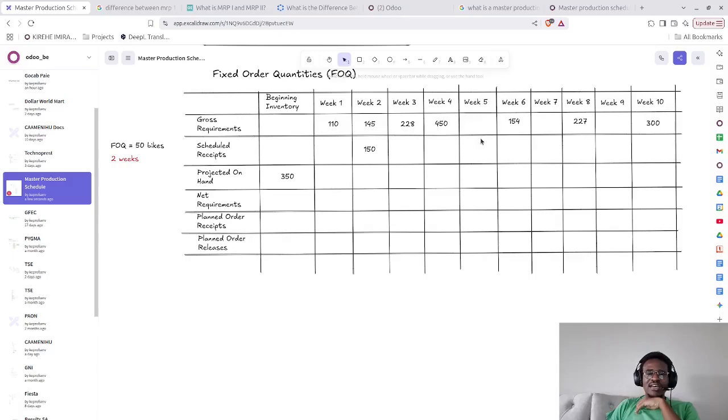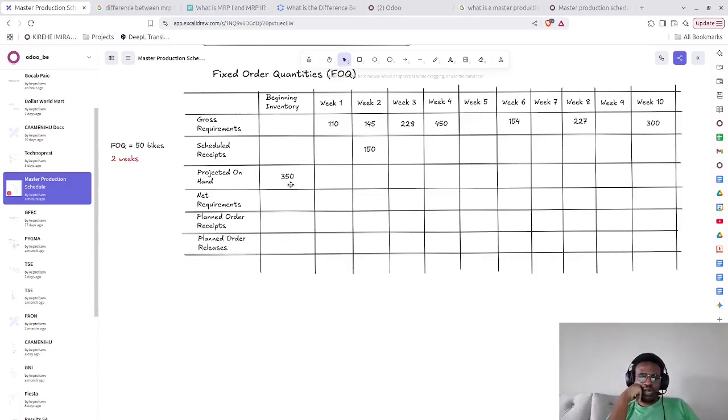I have already scheduled a purchase order for 150 for week 2. And what I have on hand starting today is 350 bikes.